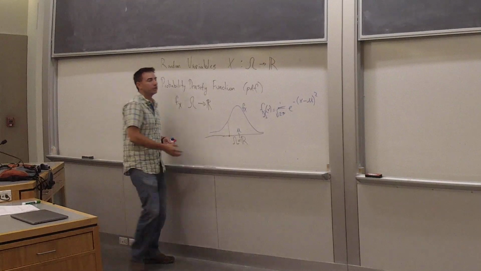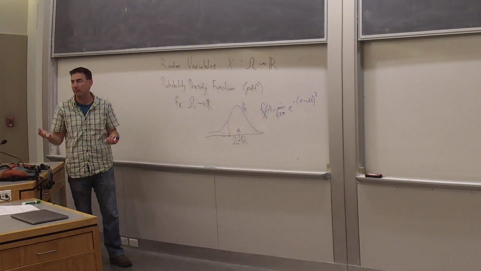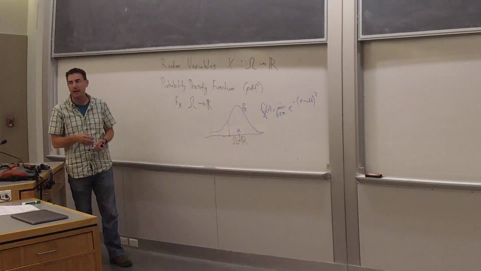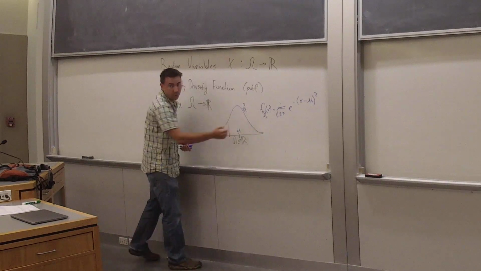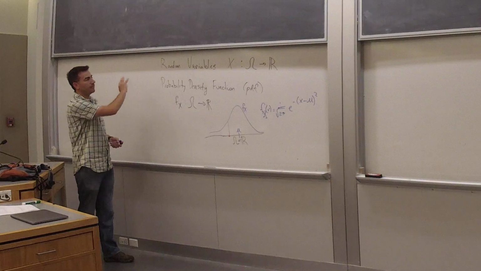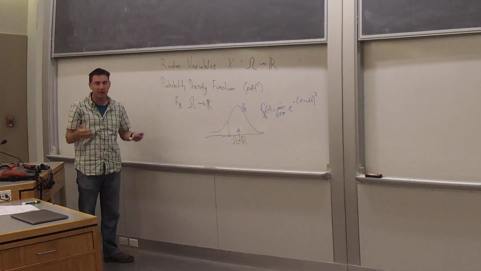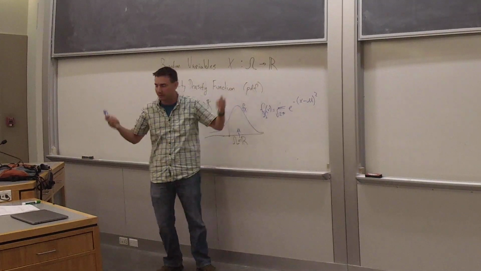I could also change the coefficient, and it's still going to be a random variable, but it's no longer a probability. The probability means that it integrates out to 1. A random variable could be discrete, could be other things as well, could map to other domains other than the reals, and so forth.